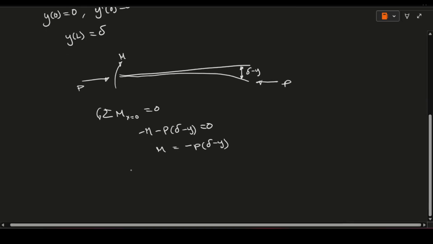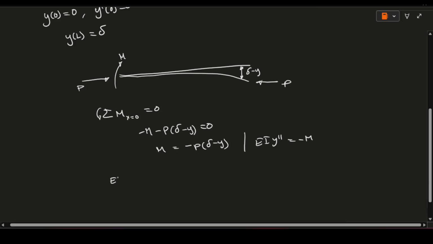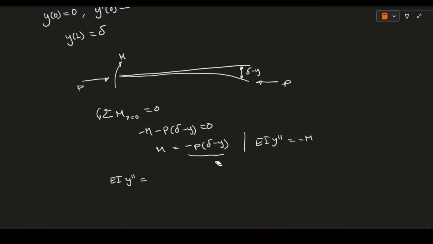We know that EI y double prime is equal to minus M. If we use that, we see that EI y double prime is then equal to the negative of this, which is just P times (delta minus y).